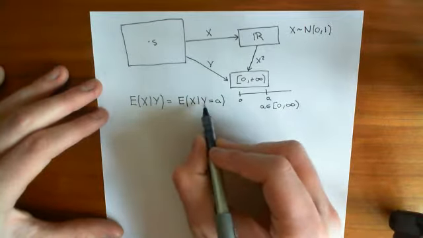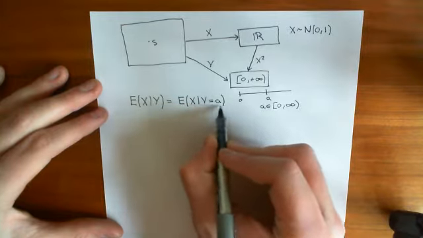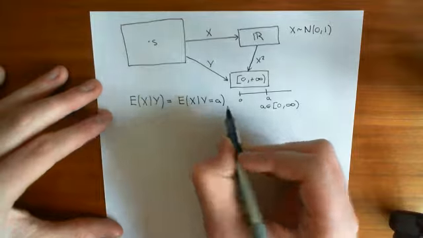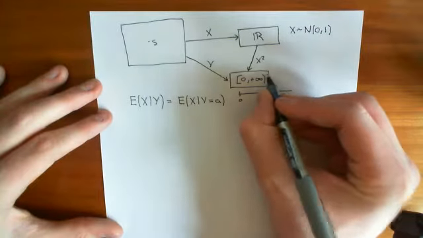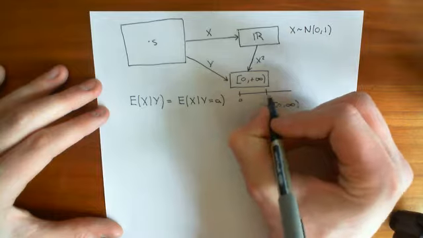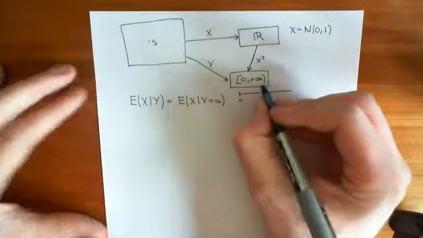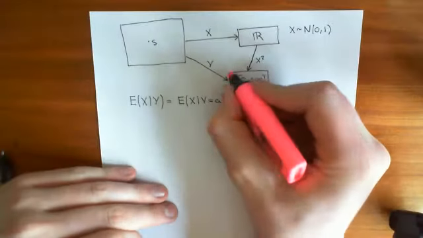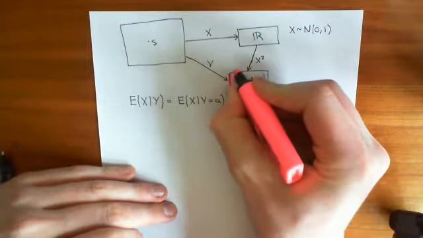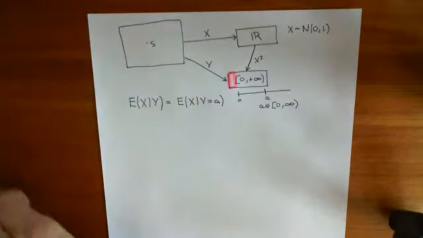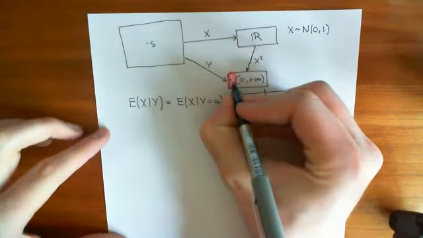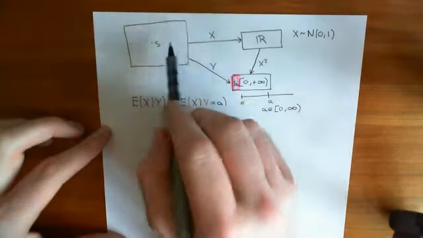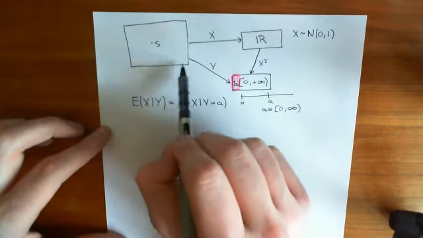Right, okay, so what does this mean? This means restrict your attention down to the probability space where y is equal to a. Somewhere in here will be our non-negative real number a, so I'm going to cut off all the rest of the probability space and just look at that little section which contains a. Now what we need to think about is what is the equivalent bit back here.